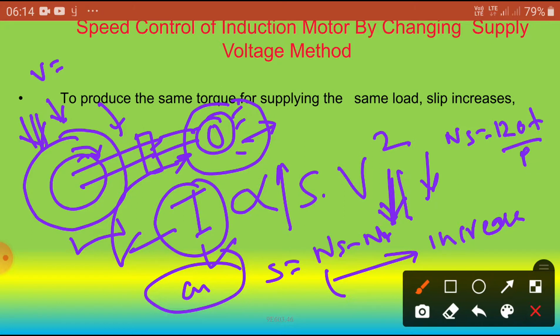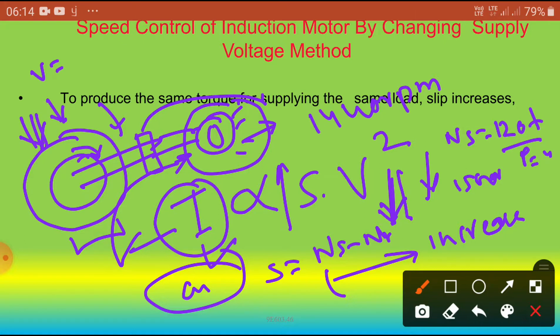Suppose it is a 4-pole machine running at 1500 RPM synchronous speed. Before reducing the voltage, our motor is running at, for example, 1440 rpm. The synchronous speed is 1500 rpm, so the slip is 1500 minus 1440 divided by 1500, and we get some slip.